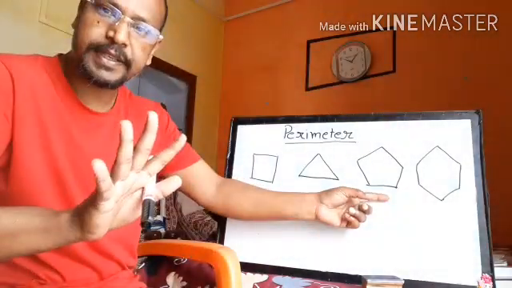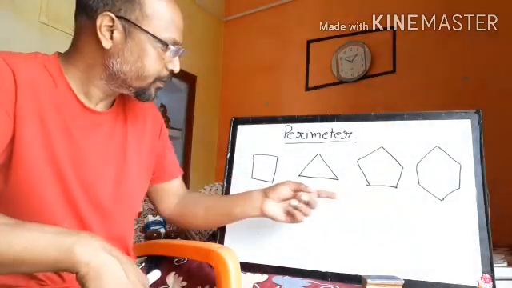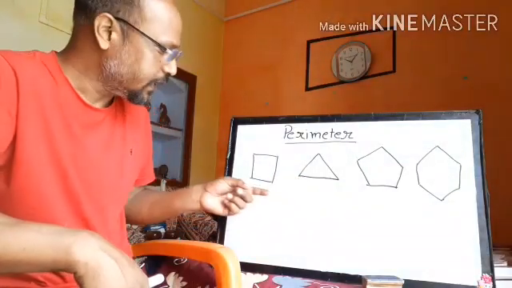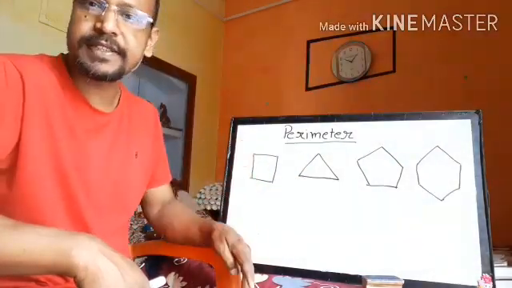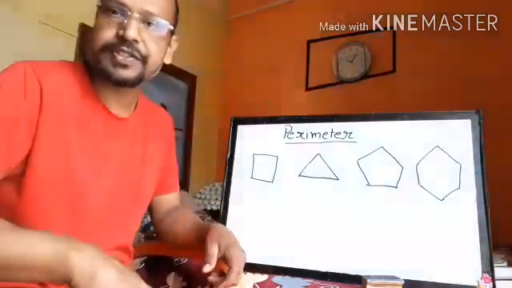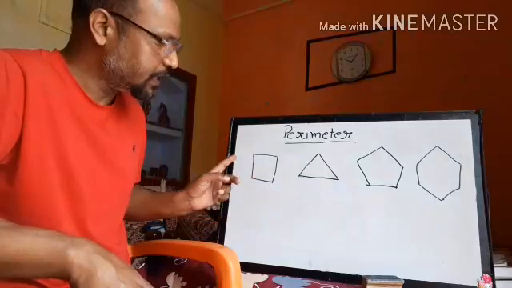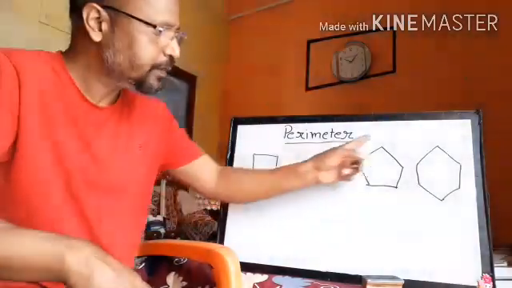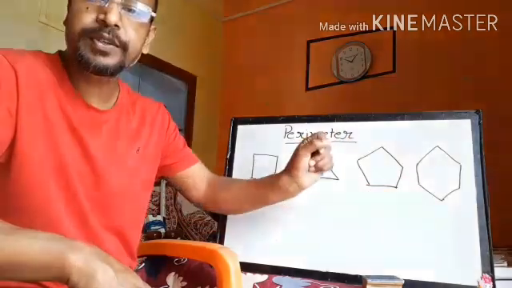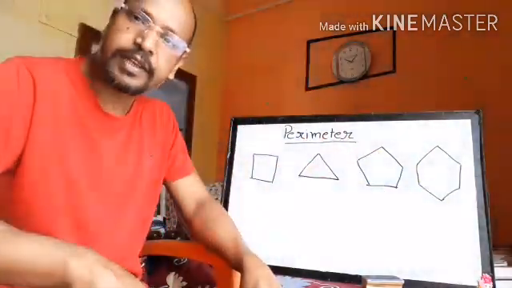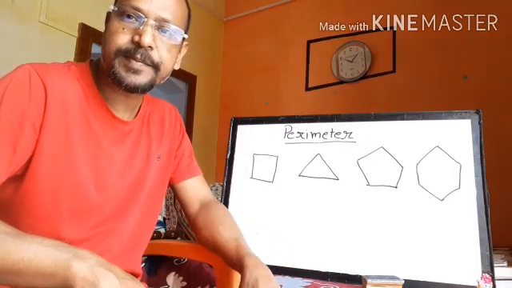Pentagon has 5 sides, so that's why it is a pentagon. Triangle, tri means 3, it has 3 sides, and a quadrilateral has 4 sides. All these figures have equal dimensions. The sides of this triangle are equal to each other, the sides of this pentagon are equal to each other, and the sides of this hexagon also have equal length.